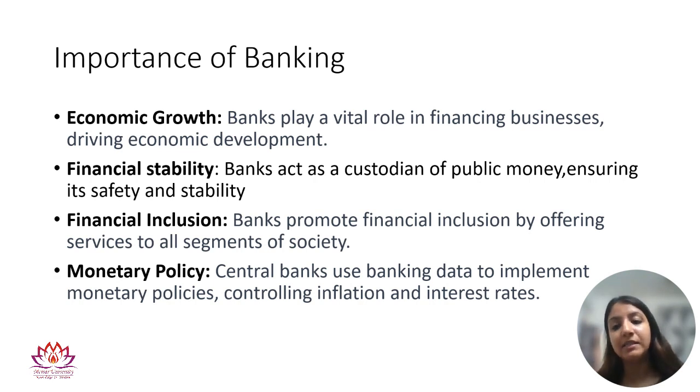So if all people in a country, in an economy, are doing good business, are self-dependent, are earning more than a required amount, it means that the economy is developing. So it helps in the economic growth of a country. Next importance is financial stability. Bank acts as a custodian of public money.